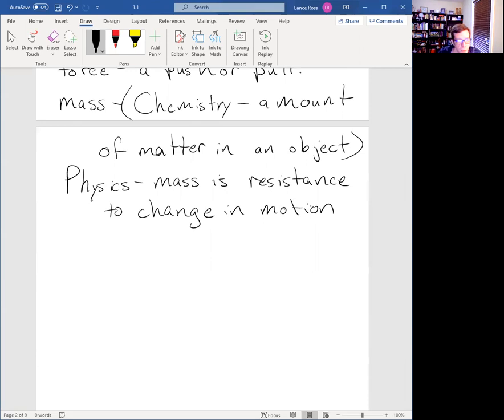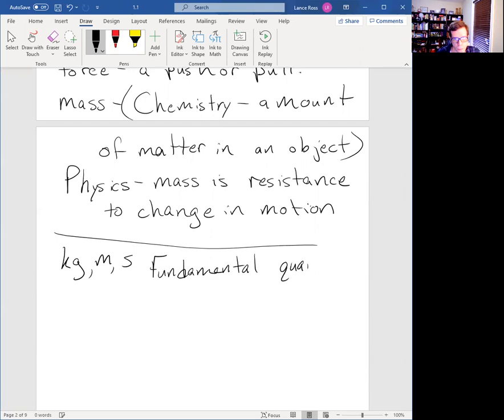All right, what else do I want to talk about in this first unit? I want to talk about derived quantities. So we talked about how we have kilograms, meters, and seconds as our basic fundamental quantities. But we also have derived quantities which can come from combinations of those, such as area, right, which would be measured in meters squared, right?